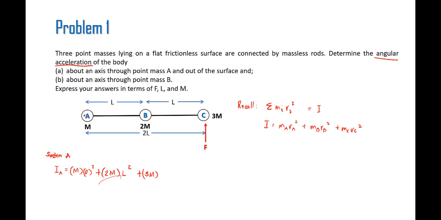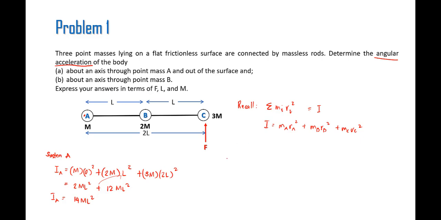The length from the axis to point mass C is 2L, so you have 2L squared. We simplify: this is 2mL squared plus 4L squared multiplied by 3m, so this is 12mL squared. Therefore, the moment of inertia of system A is equal to 14mL squared.